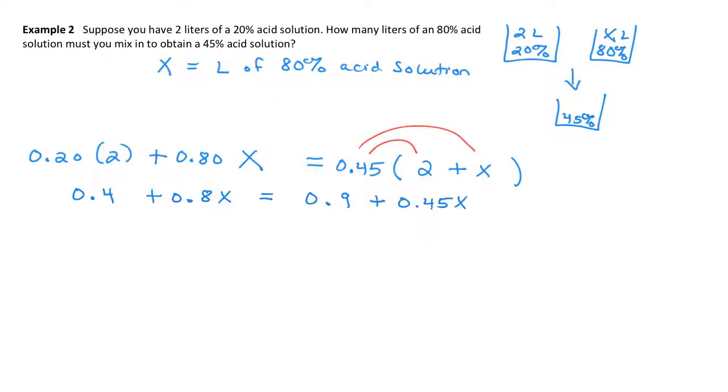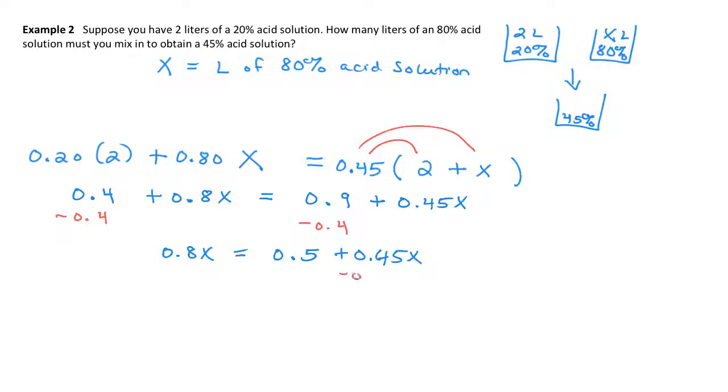0.45x. I think I'm going to subtract the 0.4 from both sides, which gives me 0.8x is equal to 0.5 plus 0.45x.